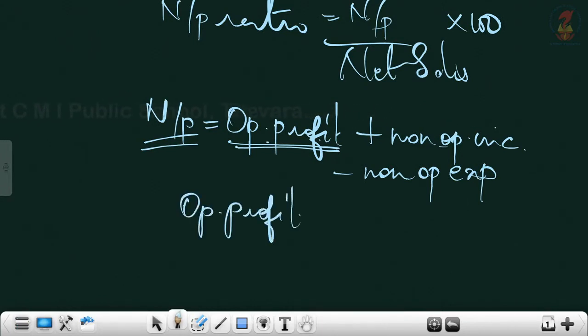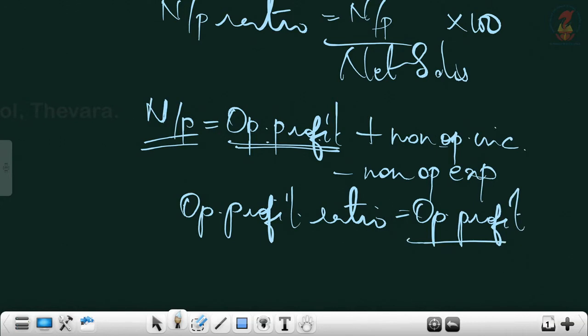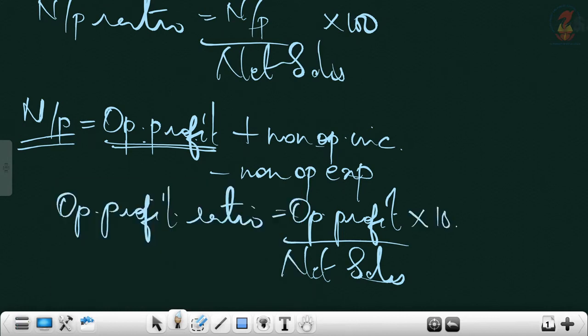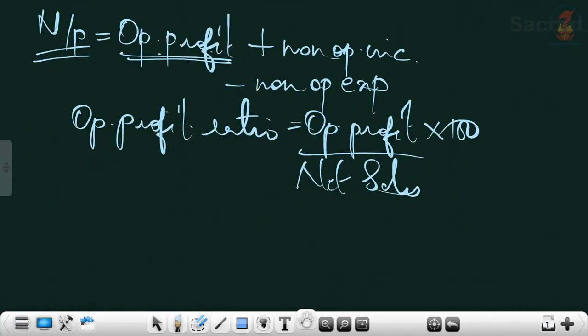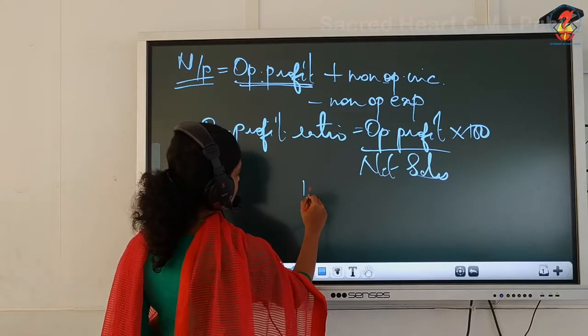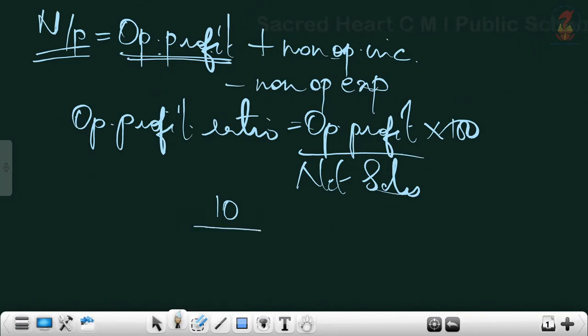Operating profit ratio is equal to operating profit divided by net sales into 100, and that ratio we have as 10 by 100, 10%.